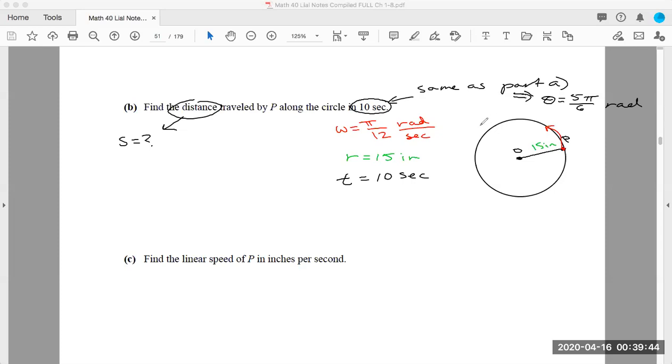I'm going to leave off the radian part now. Remember, it's unitless, so you don't actually have to write it in. We have r and we have theta. Remember, S is equal to r theta.